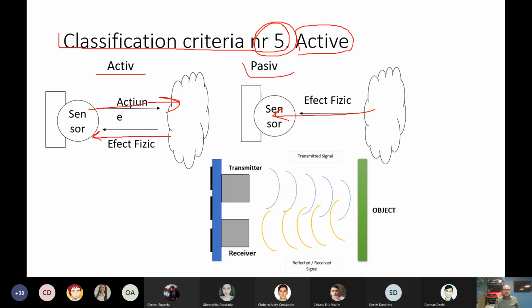Some parameters you can just measure, but let's say we would like to measure the distance. In this case, what does an ultrasonic sensor do? It emits an ultrasonic wave and waits until this wave reaches back. In this case, we have an active sensor.